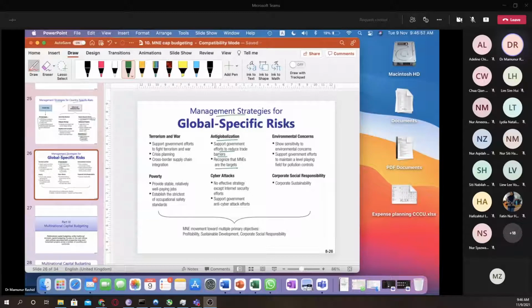But you may not have a direct solution for all global specific risks. For example, for cyber attacks, there is no effective strategy except internet security effort. So sometimes your strategies may not work directly to save yourself from this global risk.